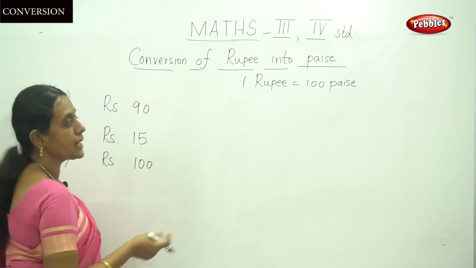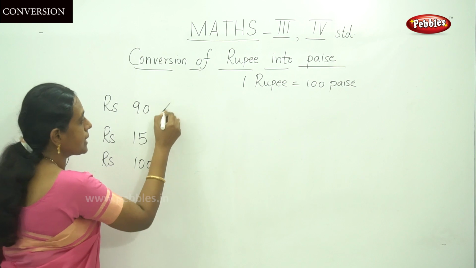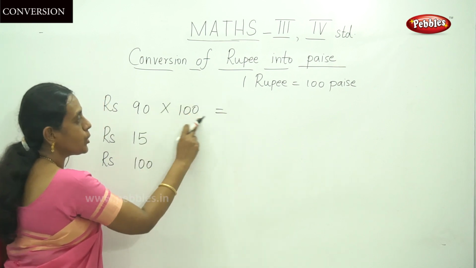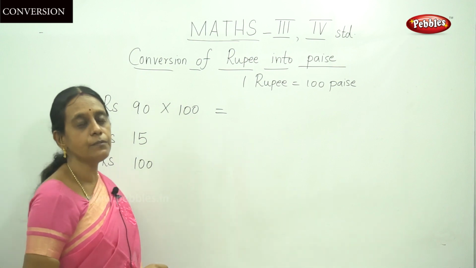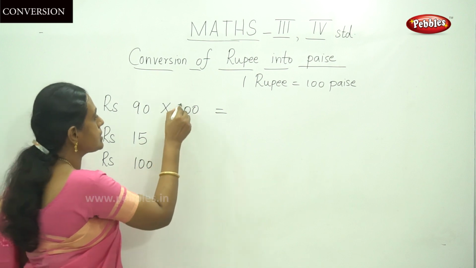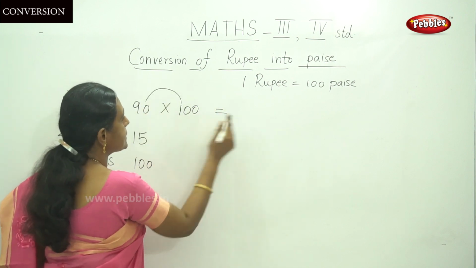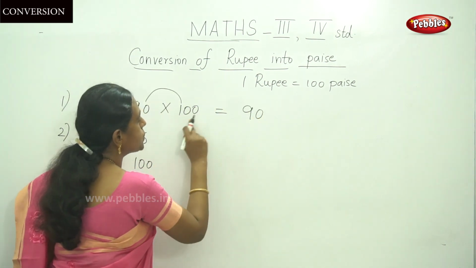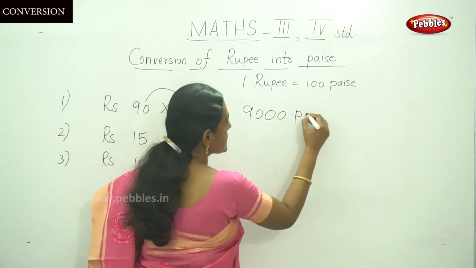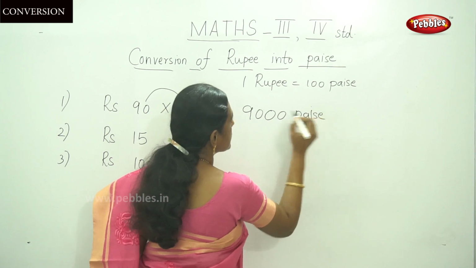To convert into paise, you simply multiply 90 by 100. Because it is multiplication by a number ending in zeros, it is very easy. Multiply 9 by 1 and put the two zeros here, which is 9000 paise. This is the answer.